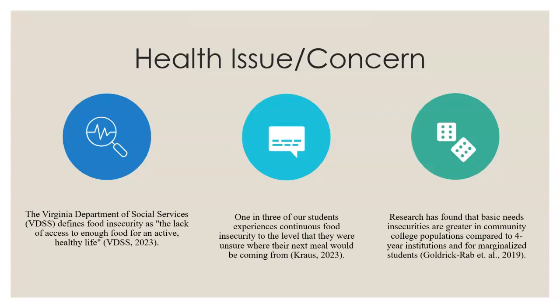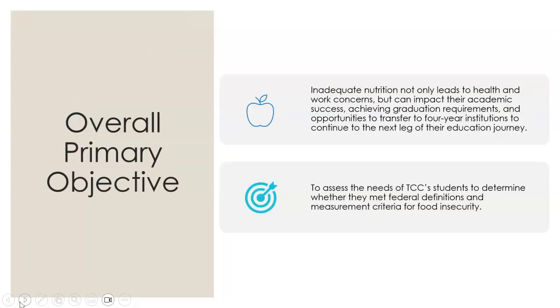And we know that our community college students, as research shows us and as those of us on the front lines in 2-year institutions see, face greater insecurities in that 2-year degree granting institution setting compared to other higher education settings, particularly for marginalized students. They have some additional challenges on their plate.